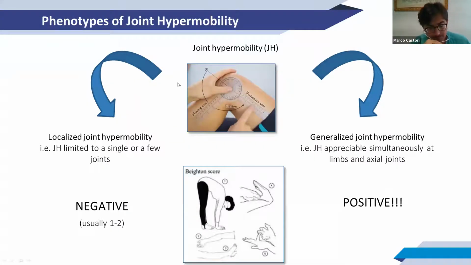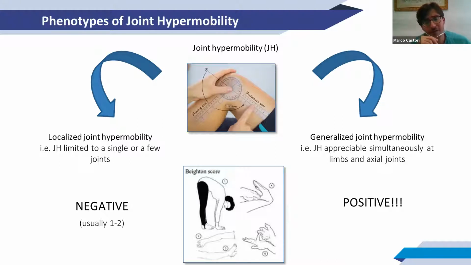Anyway, in a clinical setting, we can define joint hypermobility in four rough subphenotypes. Localized joint hypermobility is a form of joint hypermobility that affects a single or a few joints.